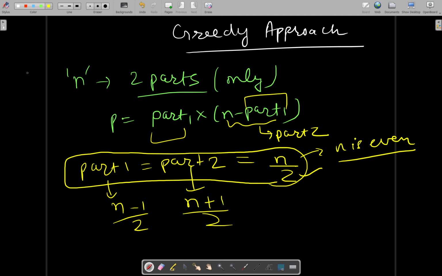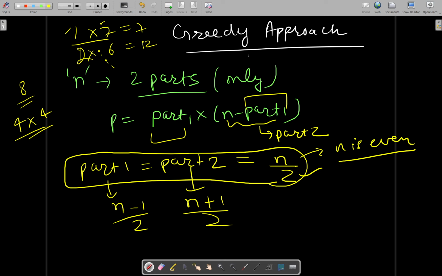For example, let's say we take 8. So the maximum can be achieved only when 4 into 4 will be done. If you do anything except this, let's say we do 1 into 7, not good, only 7. Then let's keep increasing this one and decreasing this one. Then you can observe that 2 into 6 is 12, then 3 into 5 is 15, then 4 into 4 is 16.